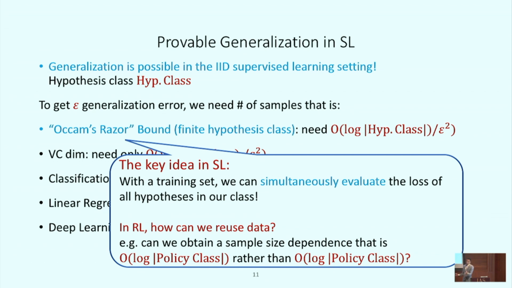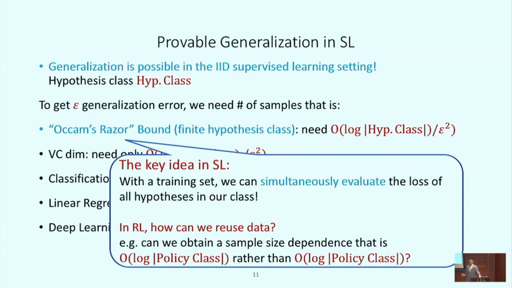So suppose we have a class of policies or a class of behaviors. How do we simultaneously figure out how good a different policy is? Because maybe we collected our data in some way, and we just don't see any states where a different policy will visit. Okay? And that's really the fundamental issue here in reinforcement learning.